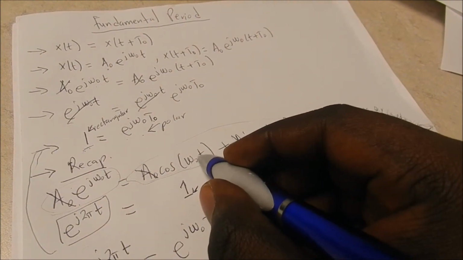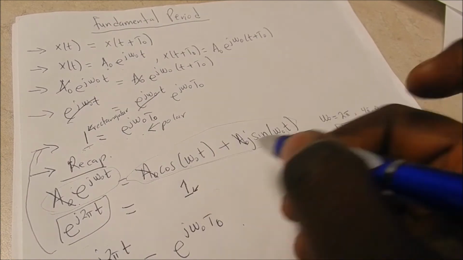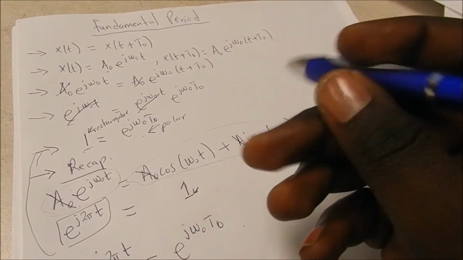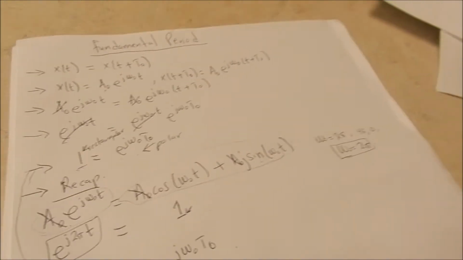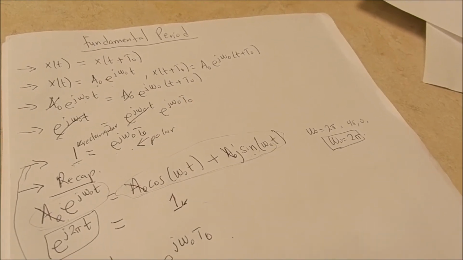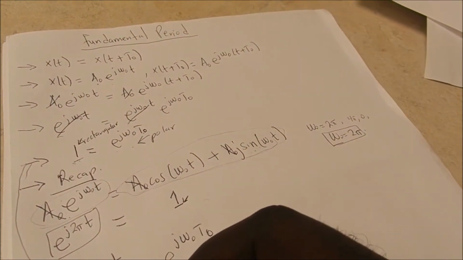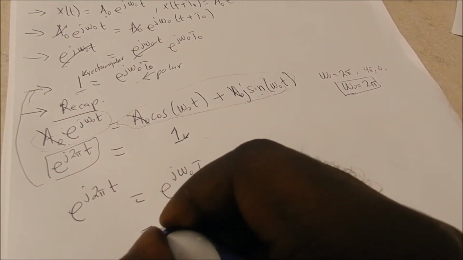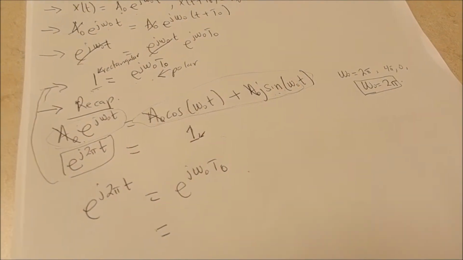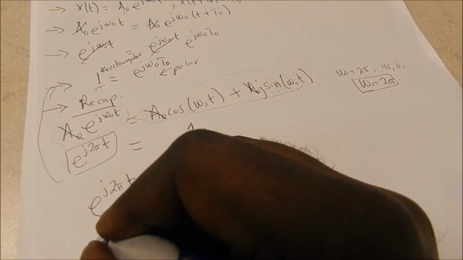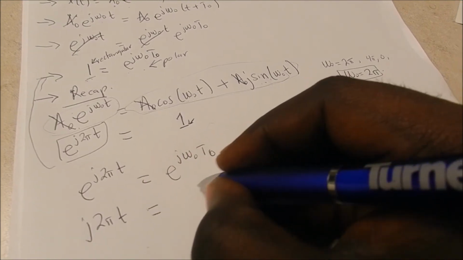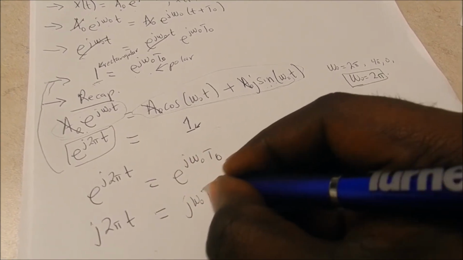We should have labeled this differently, because we already have omega naught, but you get the point. Now we take the natural log on both sides, and we're left with j 2 pi t equal to j omega naught t naught.